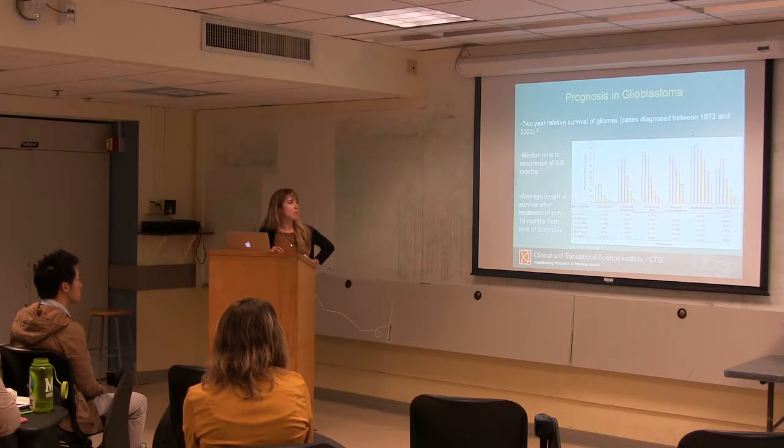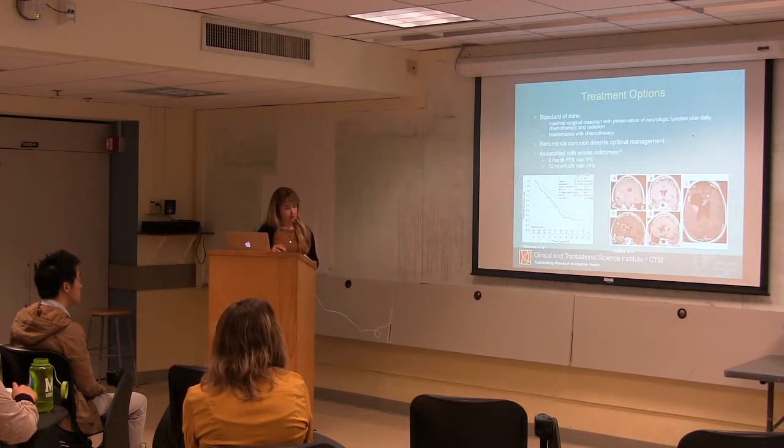The median time to recurrence for these tumors after treatment is about 7 months. And the average length of survival after treatment is only 15 months from the time of diagnosis.